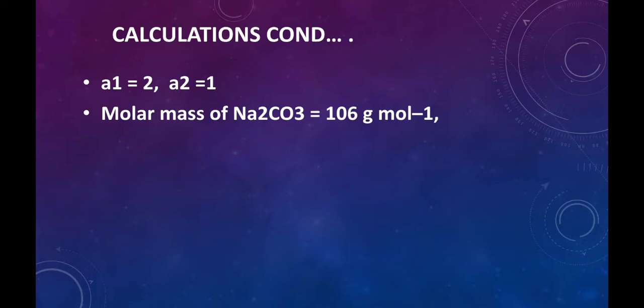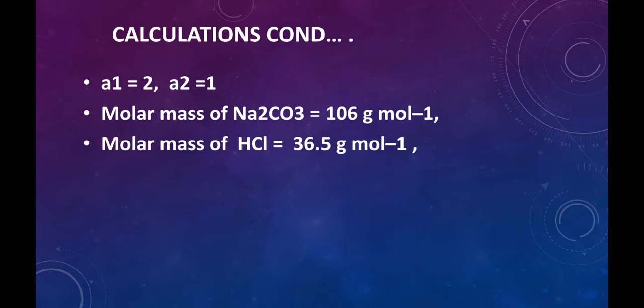From balanced chemical equation during this titration, we found that value of A1 is equal to 2, value of A2 is equal to 1, molar mass of sodium carbonate is equal to 106 gram per mole, molar mass of HCl is equal to 36.5 gram per mole.